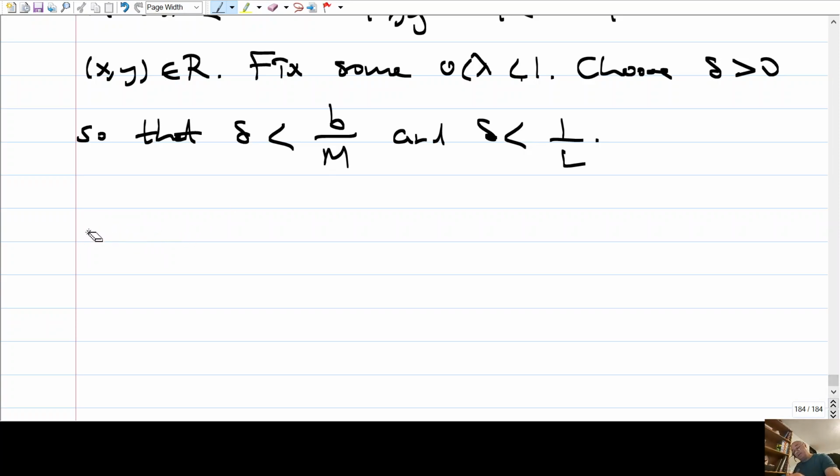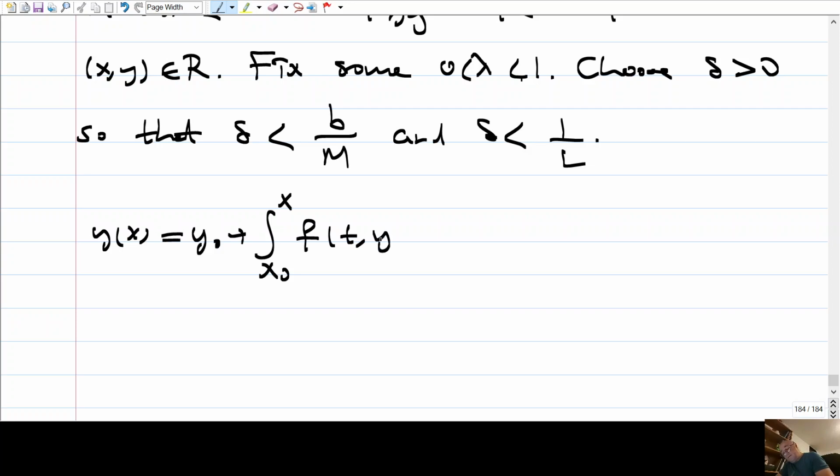Well, this tells us what? You see, I had this equation, right? y(x) is equal to y0 plus the integral from x0 to x of f(t, y(t)) dt, right?